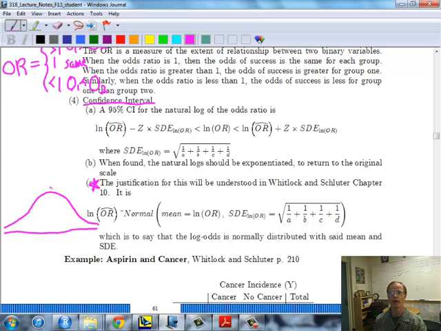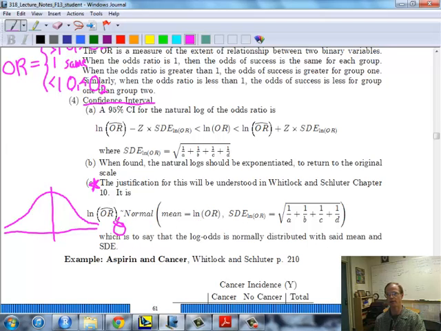So the assumption is that under modest sample size conditions, if we take the natural log of the odds ratio, then it is approximately normally distributed. That is the bell-shaped curve. I'm going to just let the natural log of the odds ratio, let's just call this script O for our purposes here.